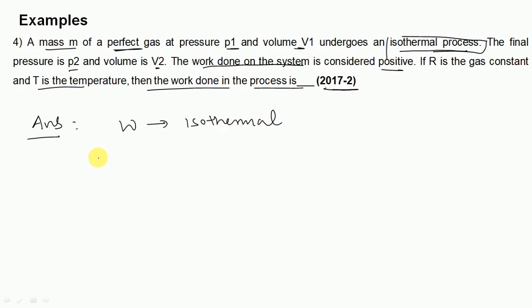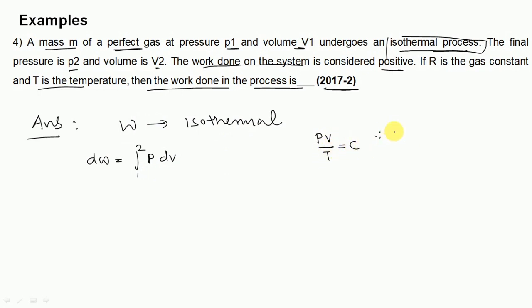So here we know the work done is dW equals integration 1 to 2 of P dV. From this equation we derive the equation of work done for the isothermal process. But here we know PV equals mRT, so PV upon T is constant.